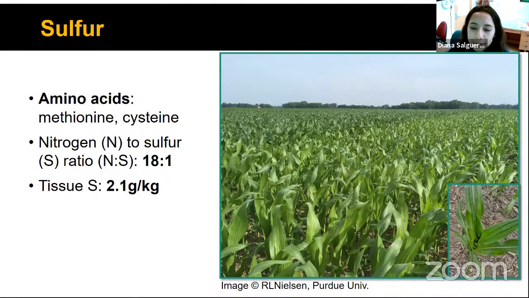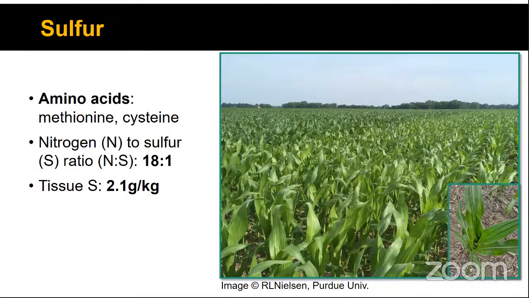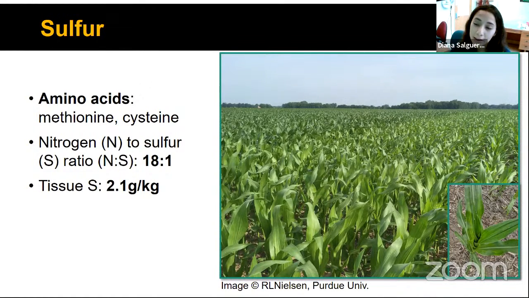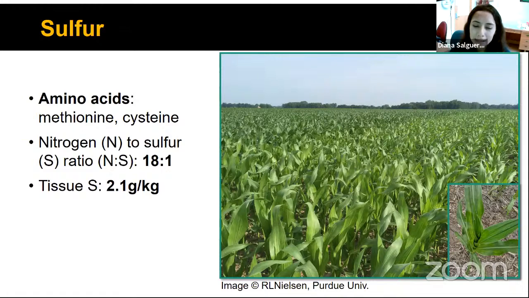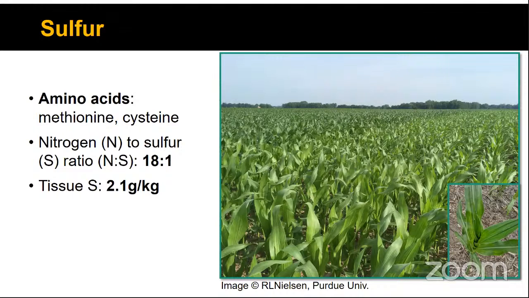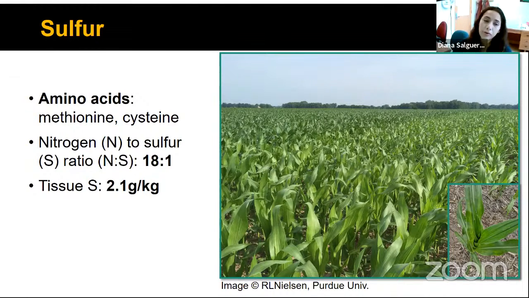Sulfur is the main constituent of two amino acids in the plant, methionine and cysteine, which are important to build up crops. A tool utilized as a diagnostic criterion of sulfur in the plant is the nitrogen to sulfur ratio. The value reported in the literature as a threshold is an 18:1 nitrogen to sulfur ratio in the plant.